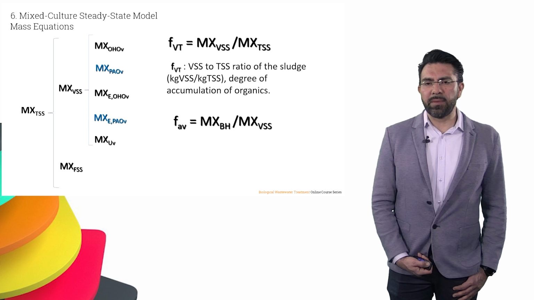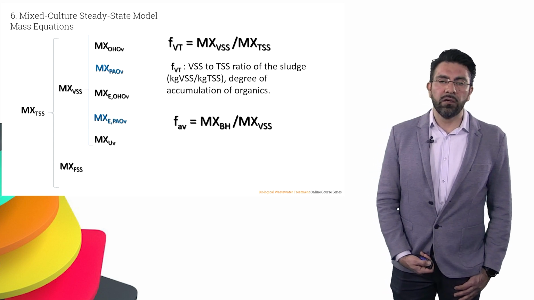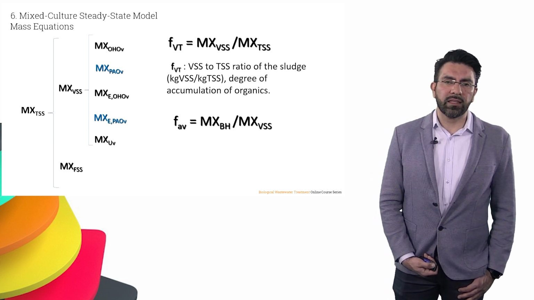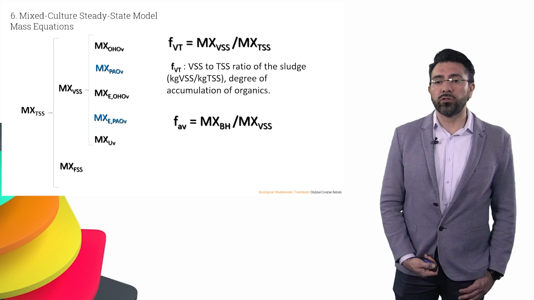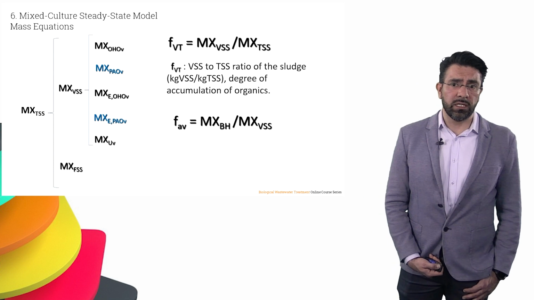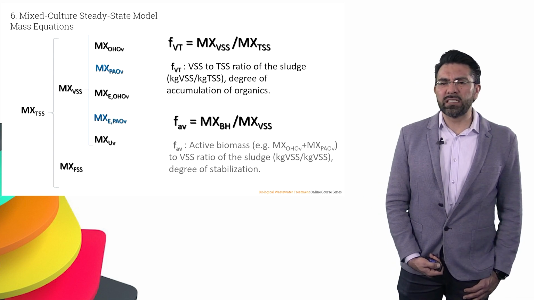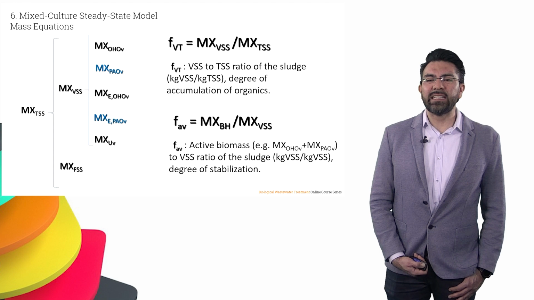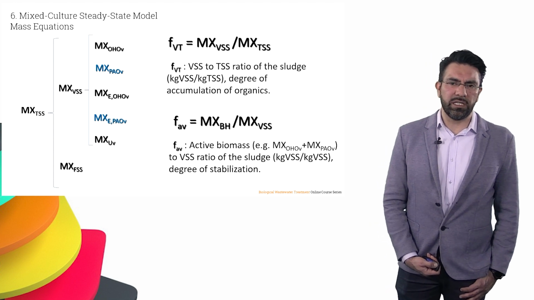The other term that is typically used is the FAV fraction. The FAV fraction relates the amount of active biomass to the total mass of volatile suspended solids. In this case, it can give us information related to how stable the sludge is.